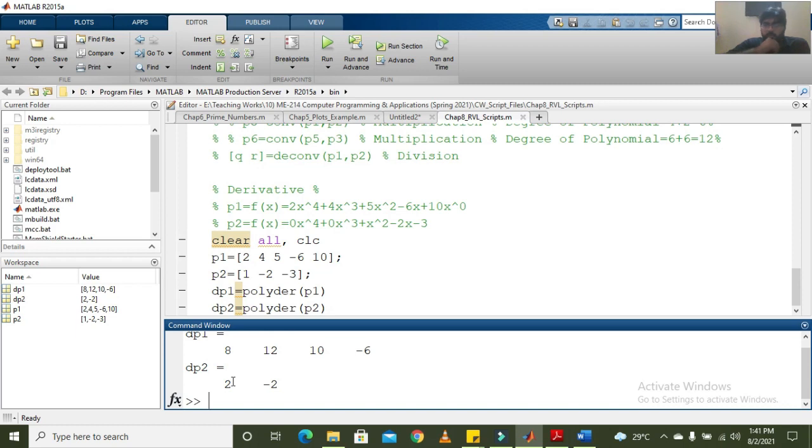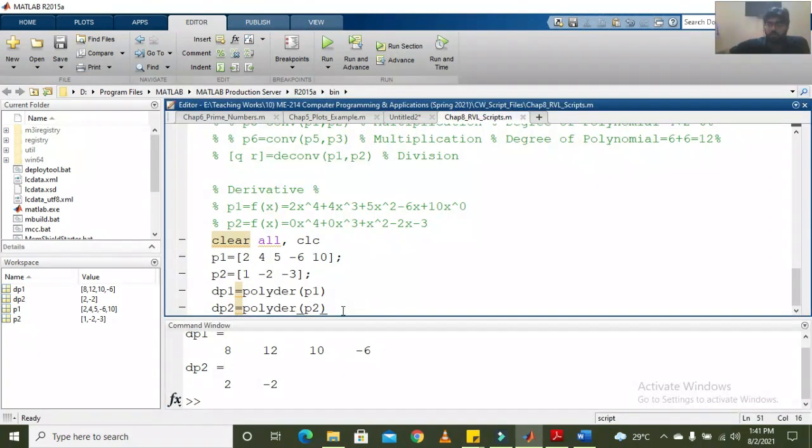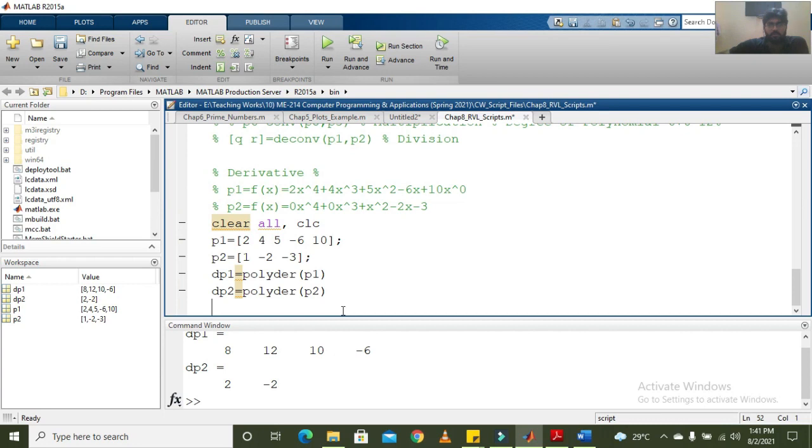Okay, now let's say I want to determine the derivative of a polynomial, but when P1 is multiplied with P2. This is what I want to calculate.